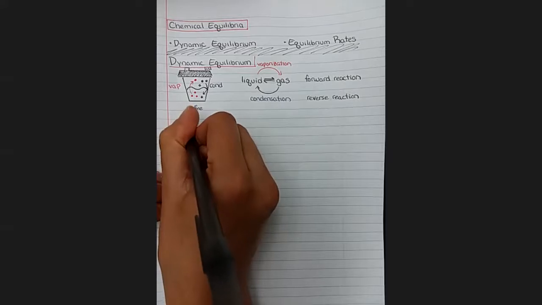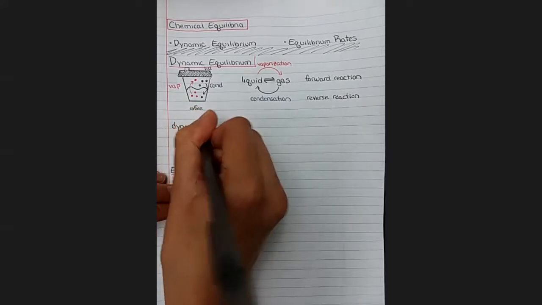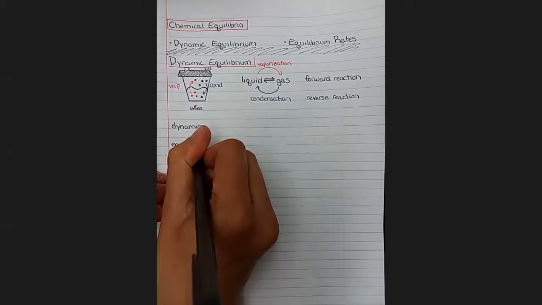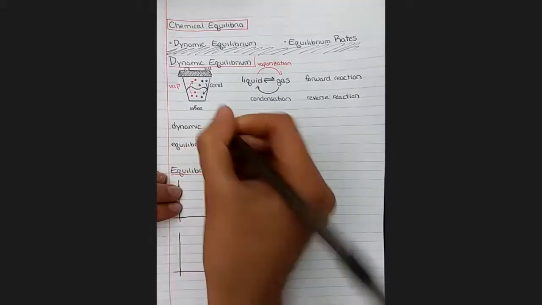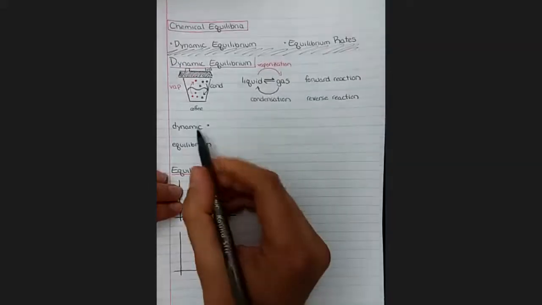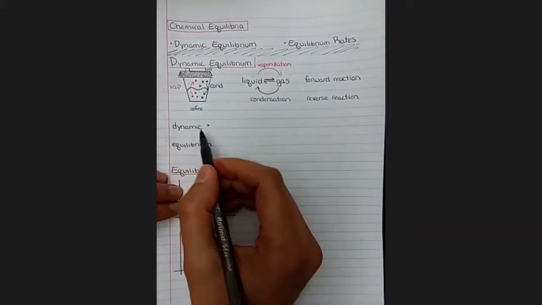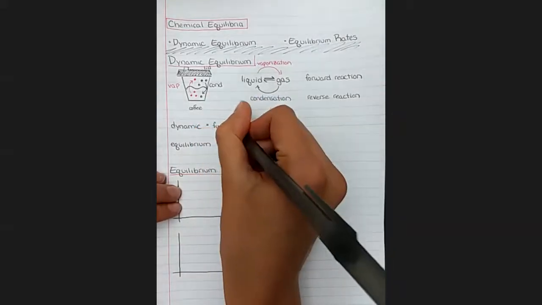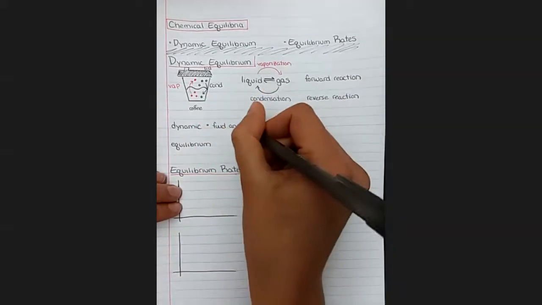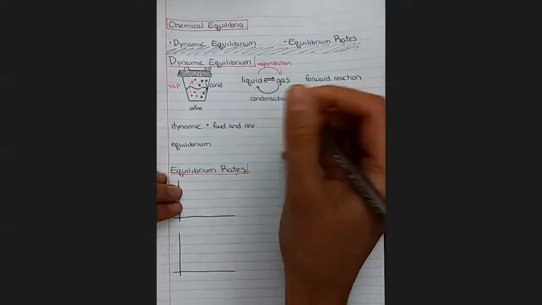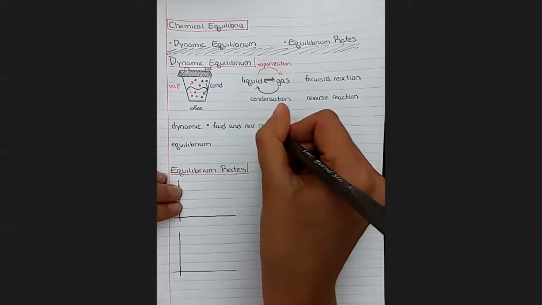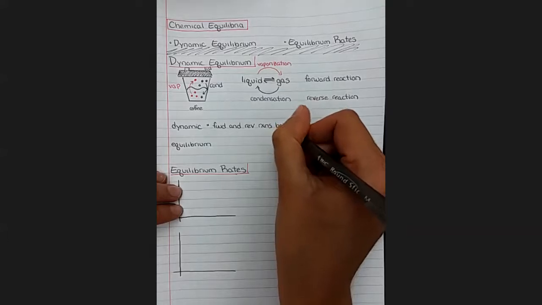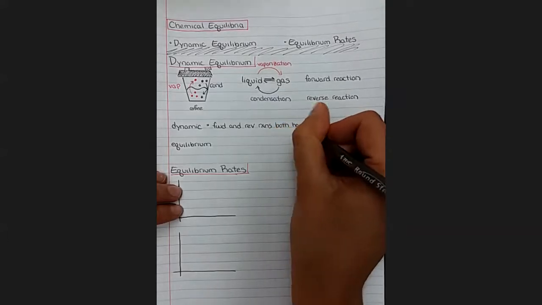So now that we have a picture to talk about, let's dive into those words a little bit more. This is called the dynamic equilibrium. So dynamic means that both of the reactions are happening at the same time. So we're going to start to abbreviate here: forward and reverse reactions both happen simultaneously.